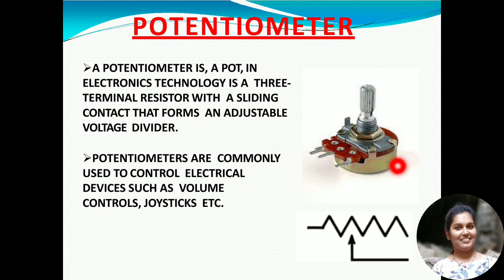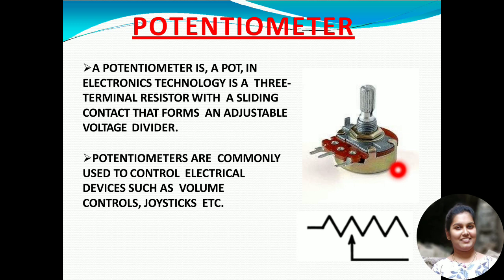Potentiometers are commonly used to control electrical devices such as volume control, joysticks, etc. Or simply you can see it in a fan regulator, right? You can select different speeds for a fan by selecting the regulator positions. Each position in the regulator gives us a different speed for the fan.